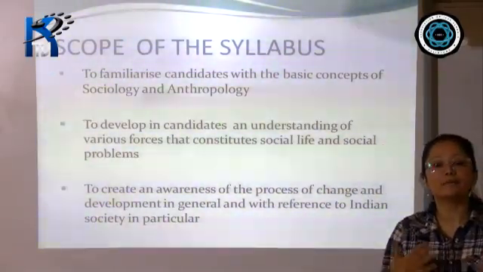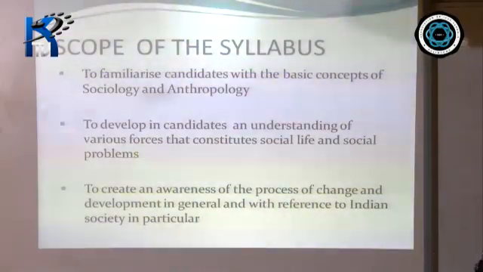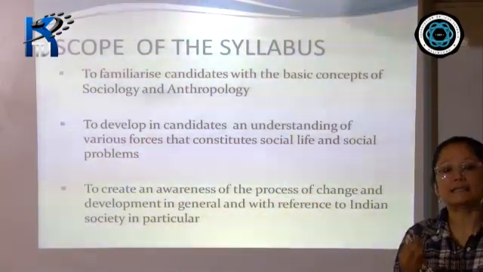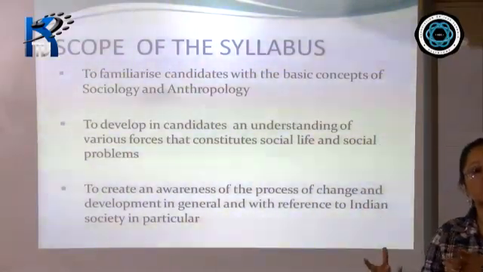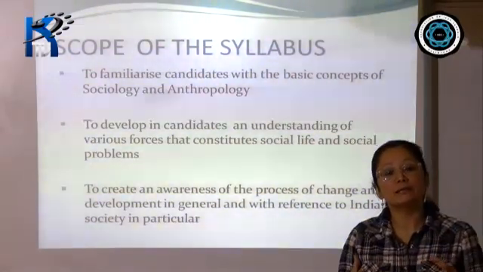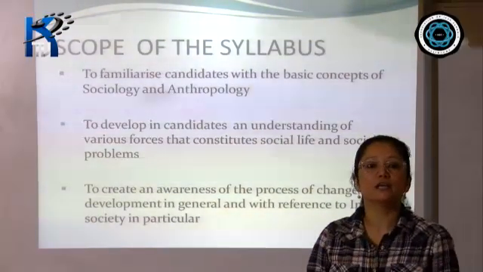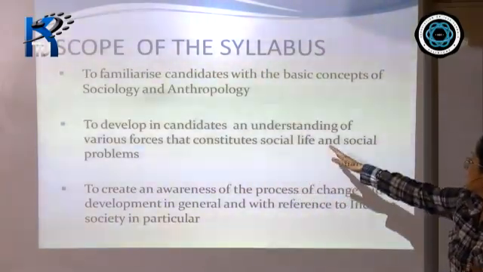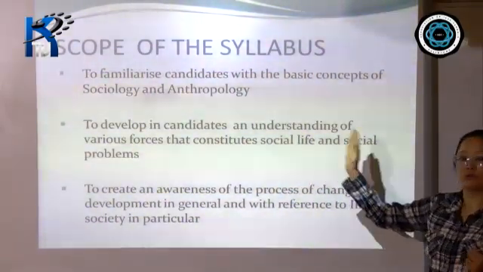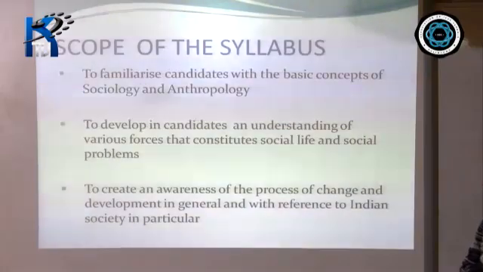Solutions are also there. Measures are also there to solve the problem. And as an individual, as a person who belongs to the society, as an individual who believes in the power of the society, we should also come across these various aspects of life and also the problems that come along with it.